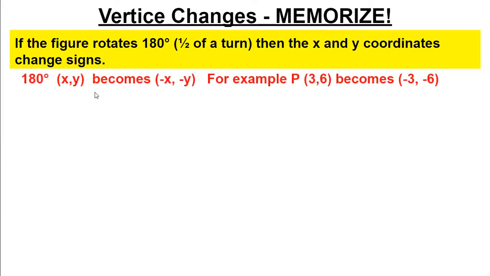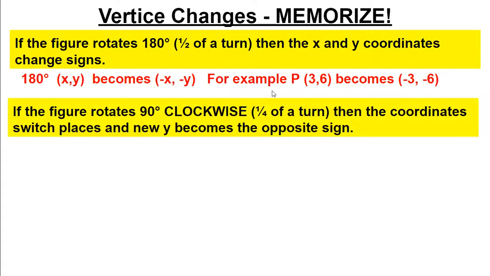So here's how it would be looking. If it was X and Y originally, you're going to put a negative sign in front of X and in front of Y. However, if X and Y were negative to start with, then they're going to become positive. So if P was 3, 6, it would become negative 3, negative 6. That's for a 180 degree turn.